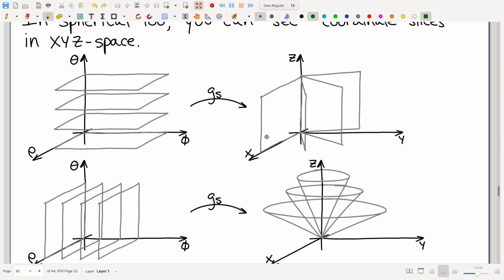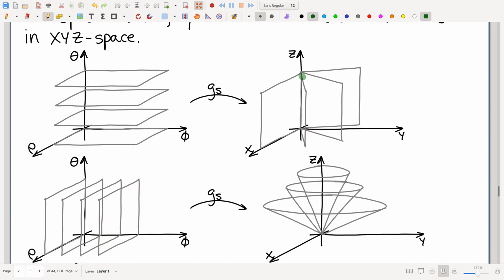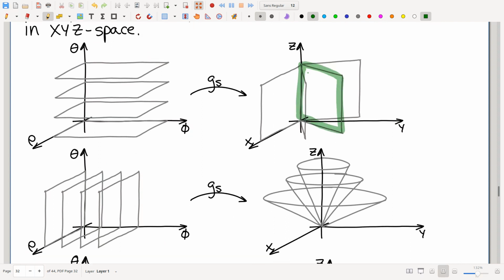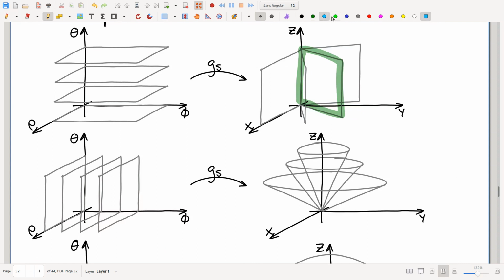If you look back at these slices, a theta slice is easy to draw, easy to visualize. Now, phi slices are weird, but keep in mind that I don't need to think about the whole phi slice. I only have to think about what a phi slice looks like on a theta slice. A straight line. The way this cone intersects this plane, it's just a line.